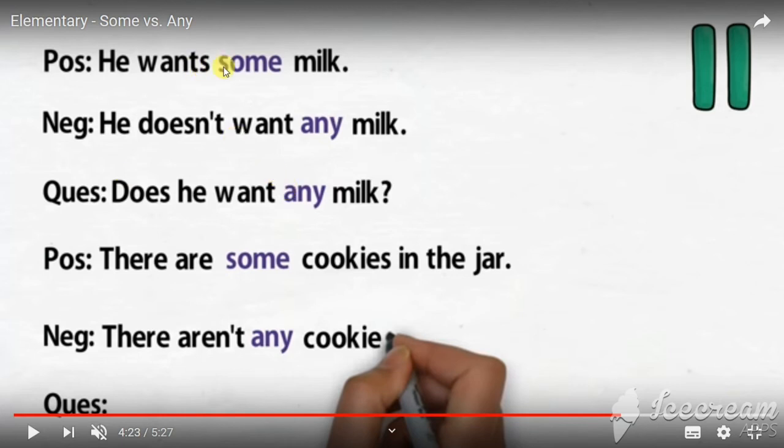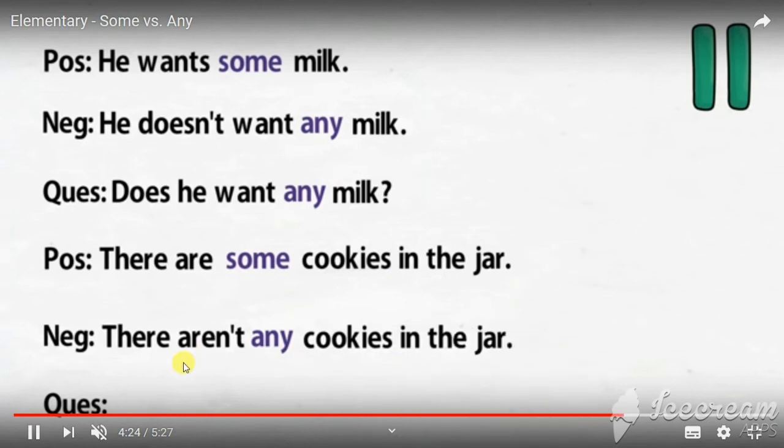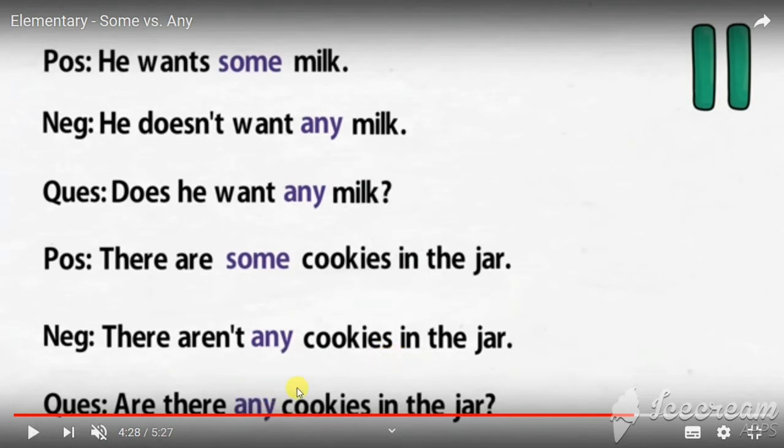If we want to change a positive sentence with some into a negative or a question, we must change some into any. There are some cookies in the jar. The negative sentence: there aren't any cookies in the jar. Are there any cookies in the jar?